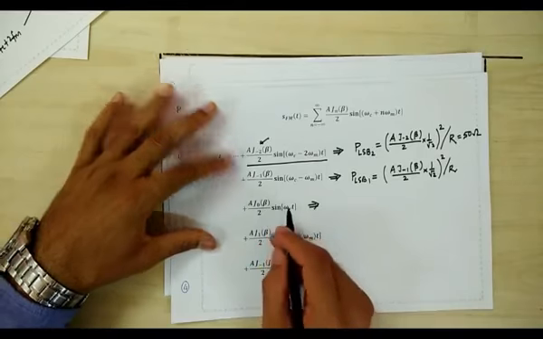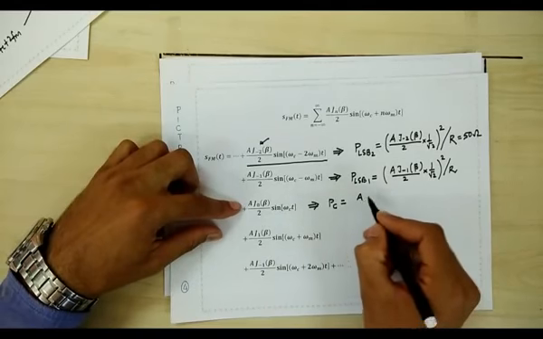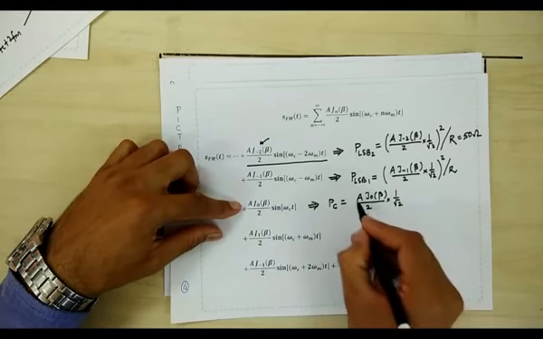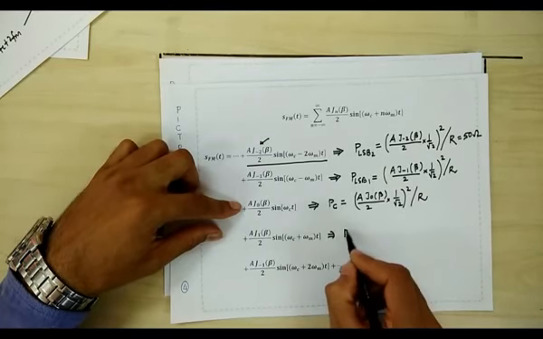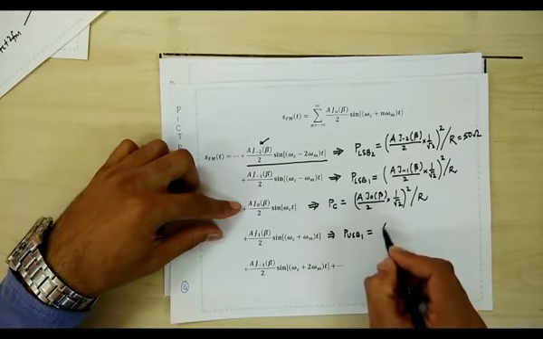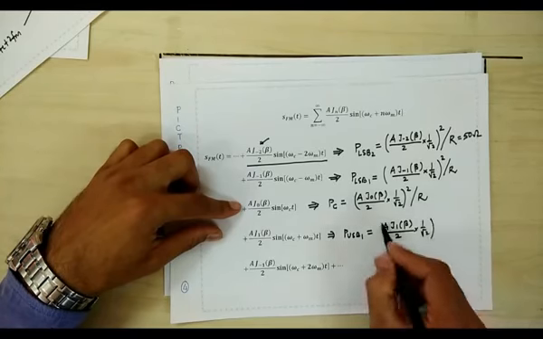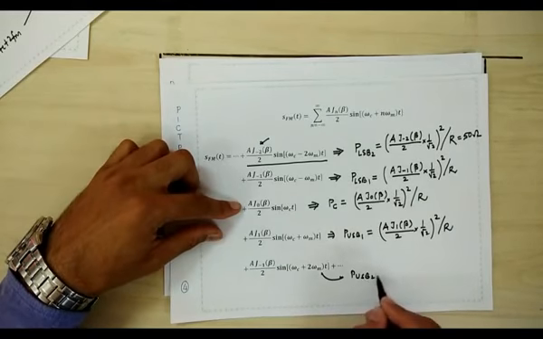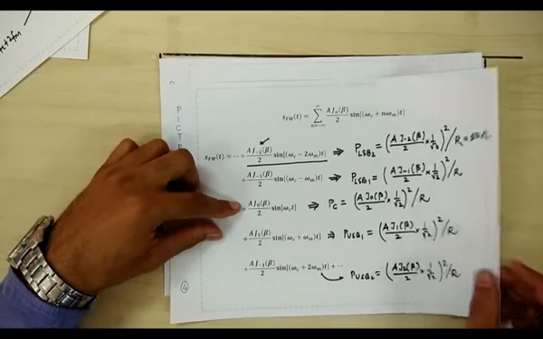If you see this term, the power in this is our carrier power, which is A J0 beta divided by 2 into 1 upon root 2, this is RMS, so this is going to be squared upon R. This is PUSB1, that is A J1 beta divided by 2, 1 upon root 2, square upon R. This term is PUSB2, A J2 beta upon 2, 1 upon root 2, square upon R.